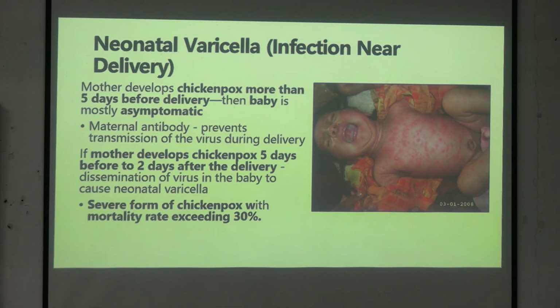But when the mother is affected by the varicella zoster near its delivery period, that is in the 3rd trimester, what will happen is, if the mother is affected with chickenpox more than 5 days before delivery, remember the timeline, delivery 5 দিনের আগে যদি হয় তাহলে mostly the child is protected because the mother will be passing on the antibodies to the child.